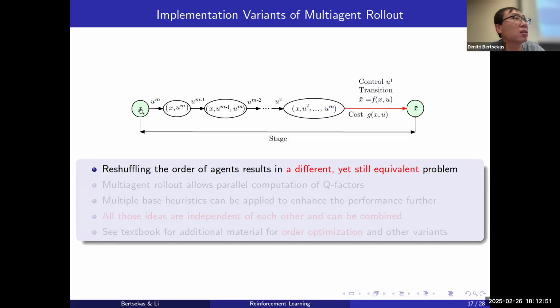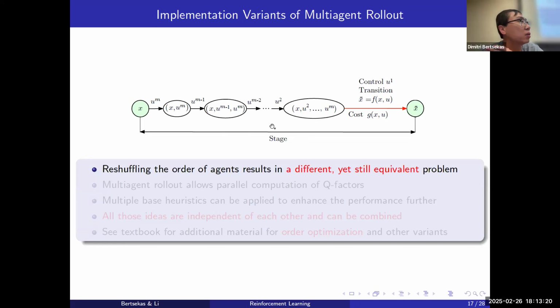And similar to the previous case, there is no cost here, there is no cost here, there's no cost here, and so on, until at this point, after selecting the control for all the other agents, we select the control for the first agent and move on to the next stage. Remember, all those things are happening in your mind or in the head.